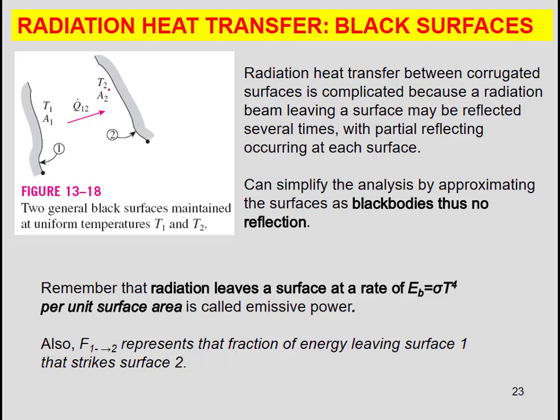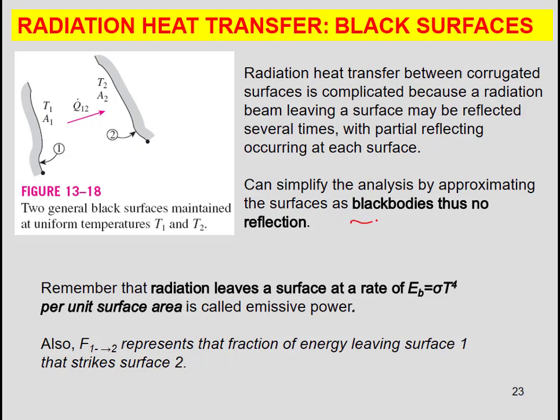But sometimes we have surfaces which are corrugated, like what you can see here, and we have too many reflections on those surfaces, and it is really complicated to find the radiation transfer between them, and it is hard actually to find the radiation from those surfaces.